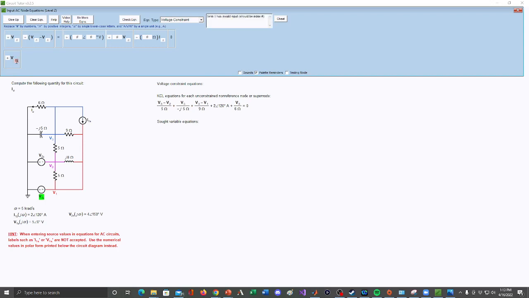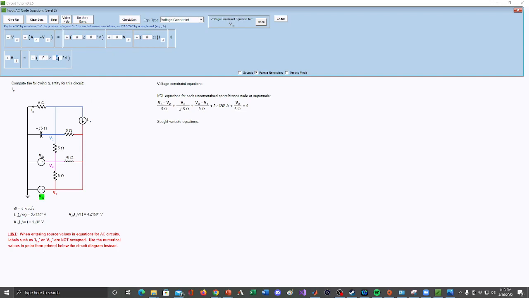I may have to re-record this. Let's see, it doesn't like that. It wants an index number. Oh, right, sorry, I'm being silly because it's supposed to be V1. It's equal to whatever V1S is because it's the positive side. So that's 5 angle 0. So we'll just throw that in there.